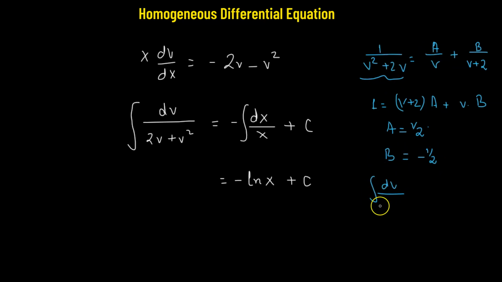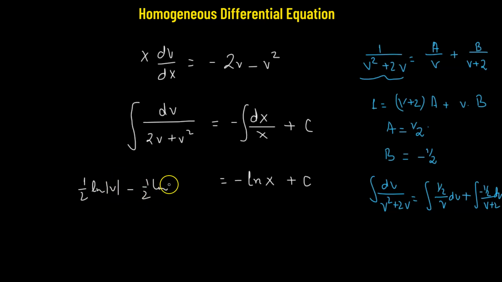So that means integration of dv over v squared plus 2v will become half over v dv plus negative half over v plus 2 dv. So integration of half dv over v will be half natural log of v, minus half natural log of v plus 2.